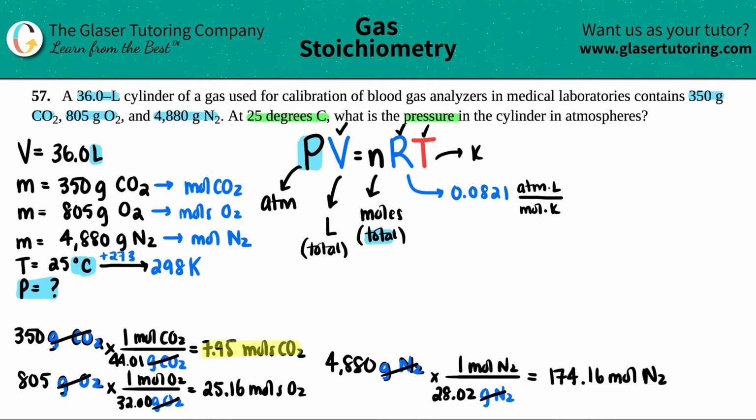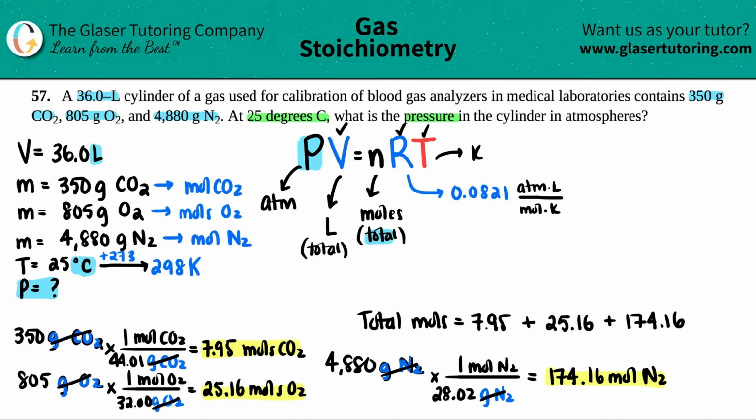So now, if we have moles of this, we could find out the total moles. The total moles would just be these 3 added together. So maybe I'll just put that down. So total moles equals the 7.95 plus, I'm going to get lost in the units, 25.16 plus the 174.16.